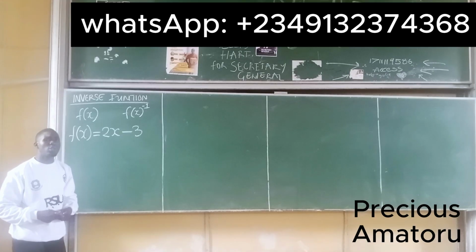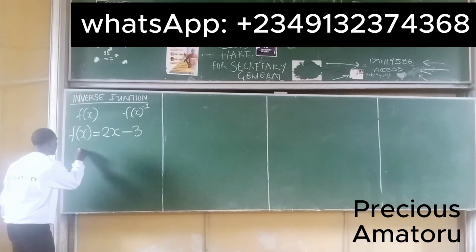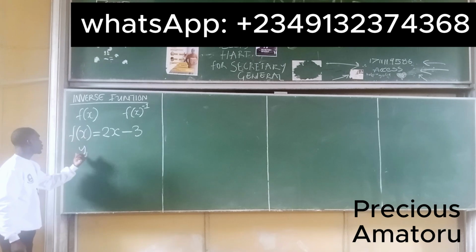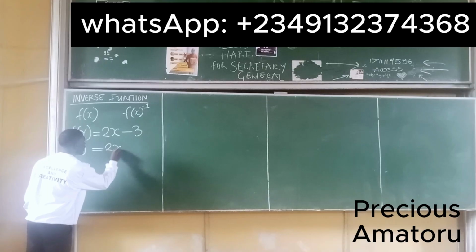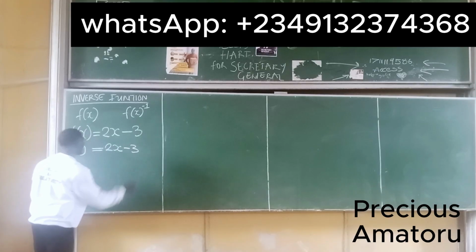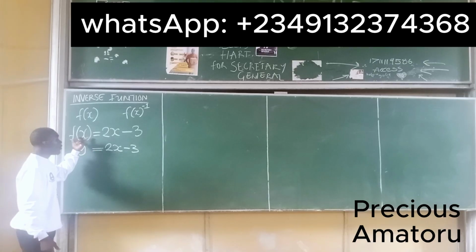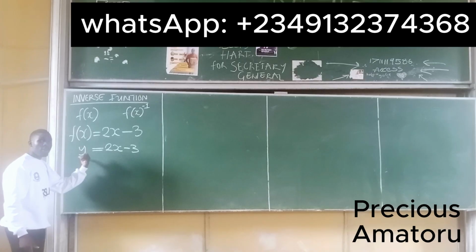The procedure is that you take any alphabet, let's say y. So we say that f(x) is equal to y equal to 2x minus 3. Now, for us to get the inverse of this, we swap x for y and y for x.